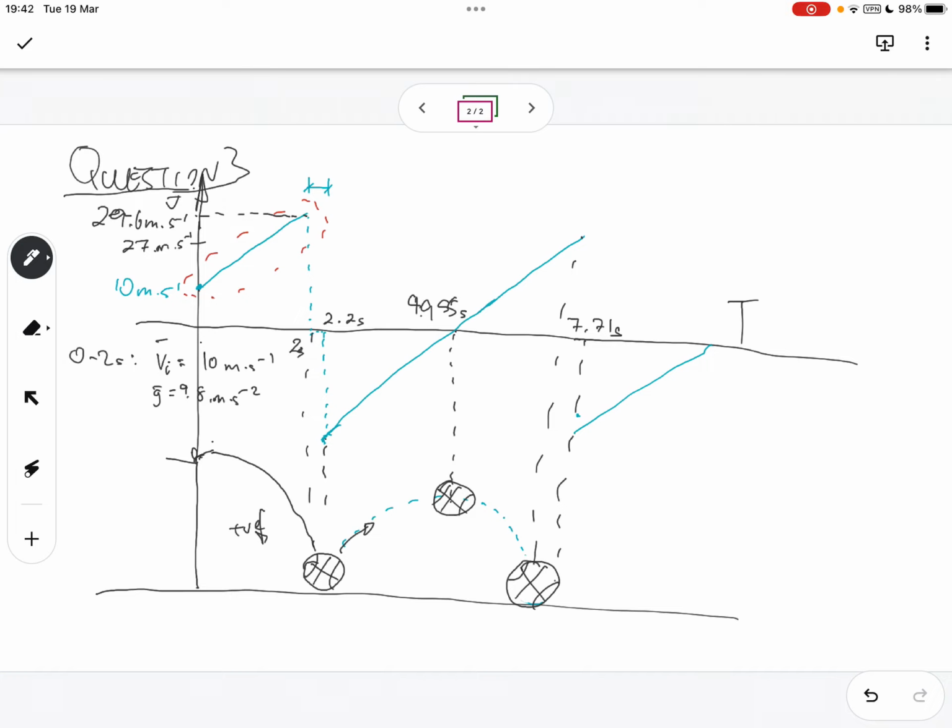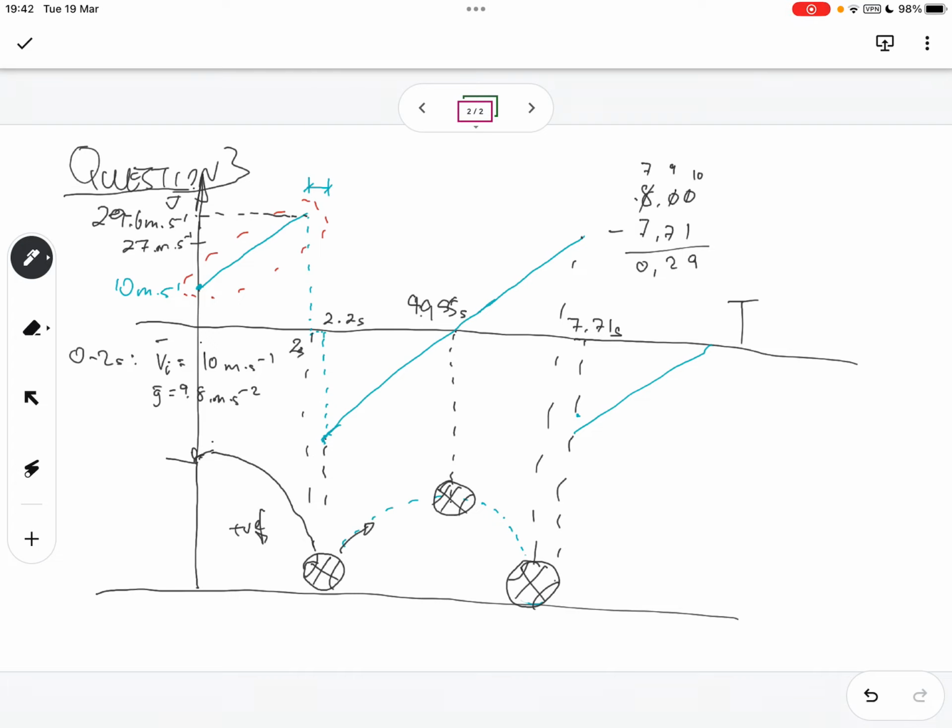The ball comes into contact with the floor for another fraction of a second, which is 8.00 minus 7.71 seconds. So that becomes 10, becomes 9. So that's 0.29 seconds.